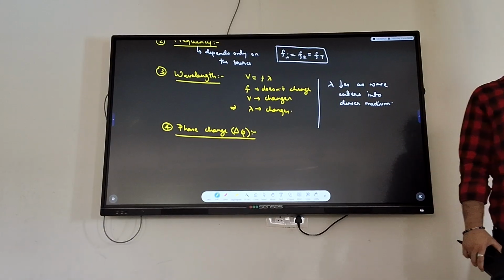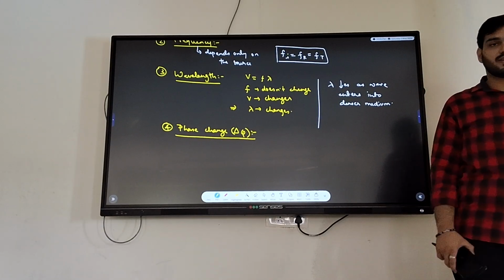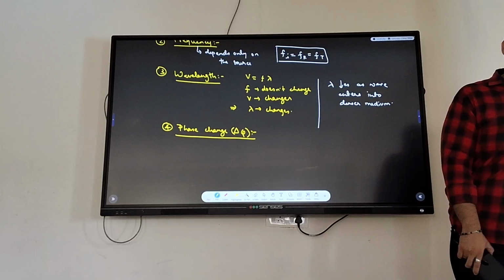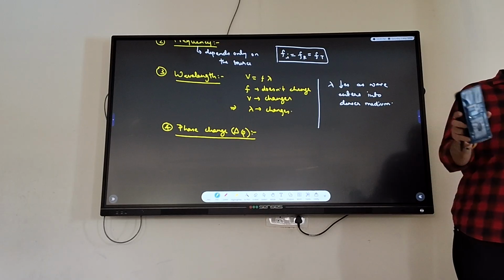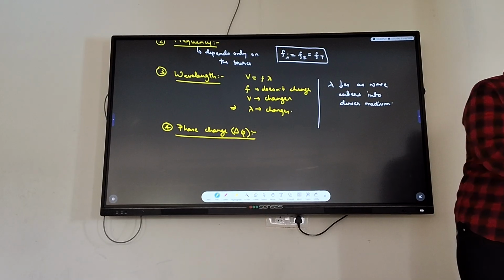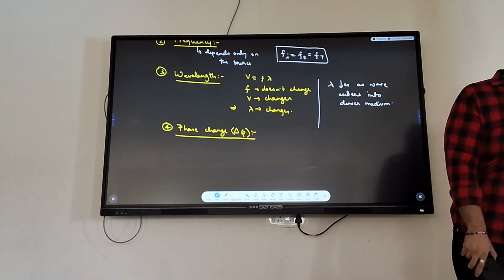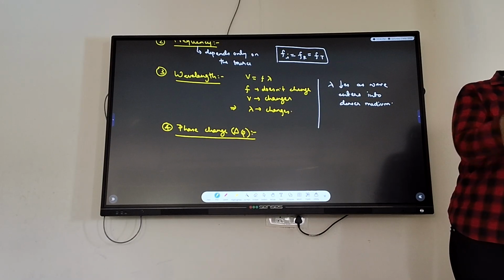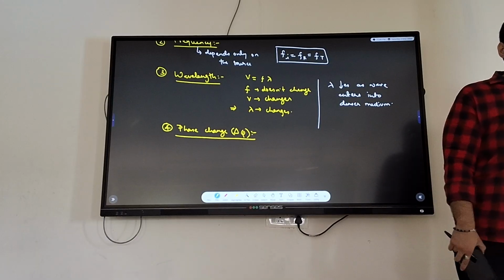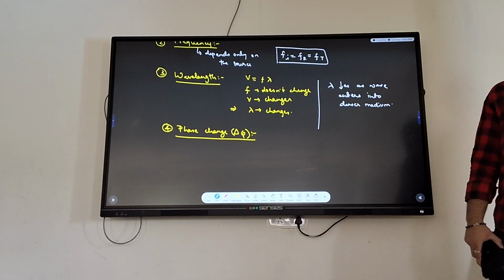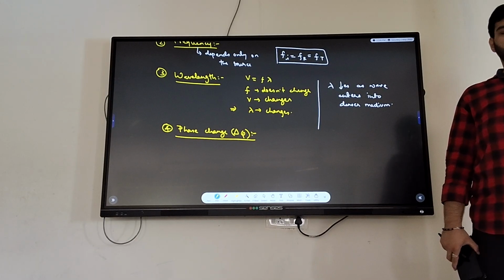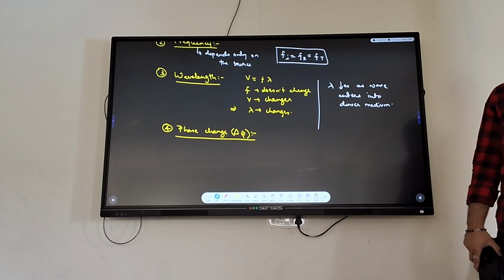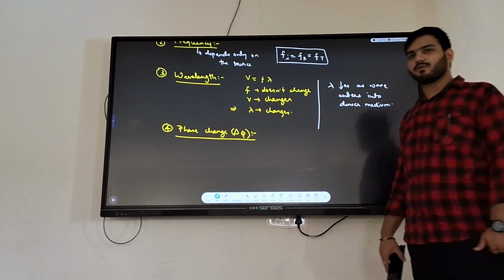You remember that when you have a string and you plug it somewhere, the wave will hit the wall and come back, but it comes back with a pi radians change. The whole wave flips. And why does it happen? I have given you the reasoning: Newton's second and third law. There will be a reaction force. It will make the particle go downwards.